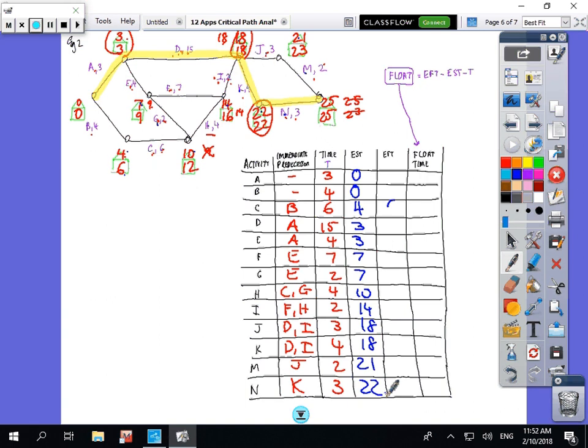Okay, so the latest finishing time is the numbers at the bottom.